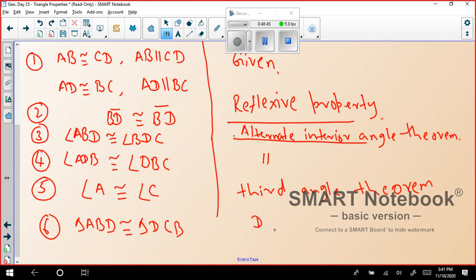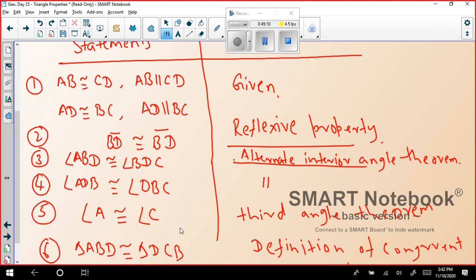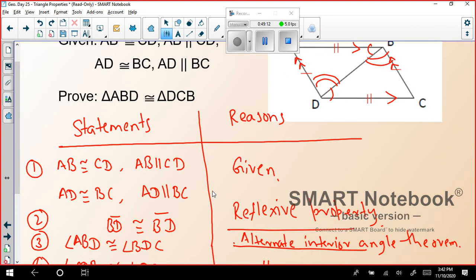Definition of congruent triangles states that if all the corresponding sides and angles are congruent, then the triangles are congruent. So we had three congruent pairs of sides and angles, therefore we have these two triangles to be congruent.